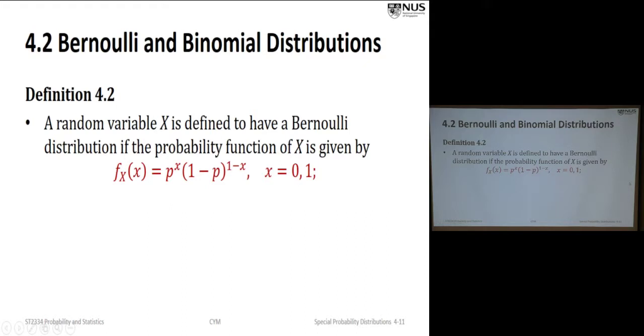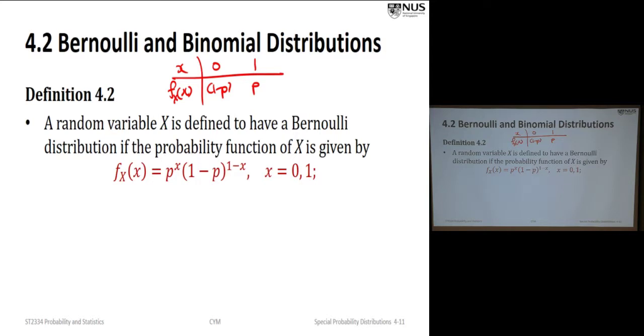Then the probability function of this random variable is basically like this. X takes 2 values, 0 and 1. The probability takes 1 minus p or p. This is to present the probability function in a table form.